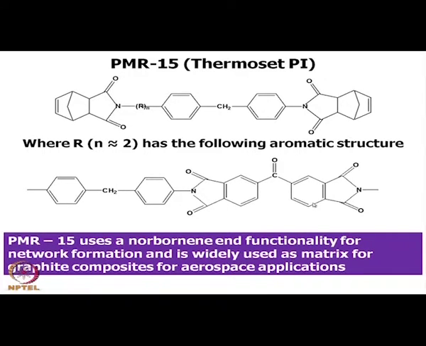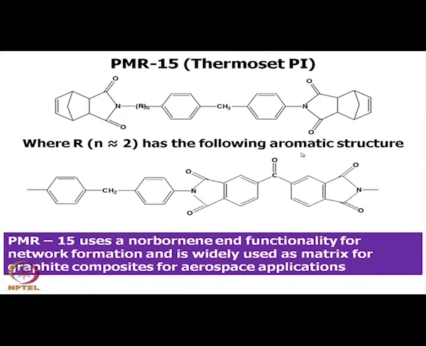Another case of thermoset polyimide is known as PMR 15, where this R, when n is about equal to 2, has the following aromatic structure. That means here R is replaced by this huge aromatic link containing the imide linkage and ketonic linkage.